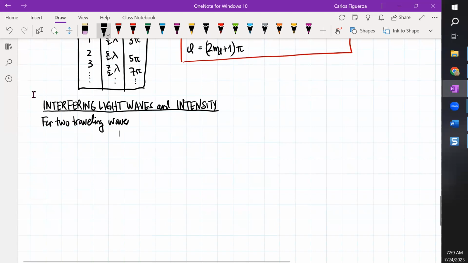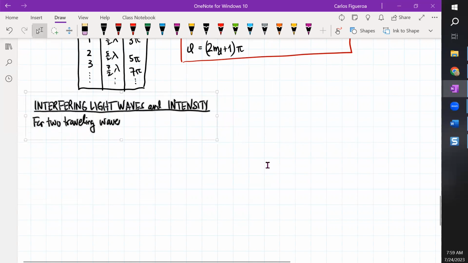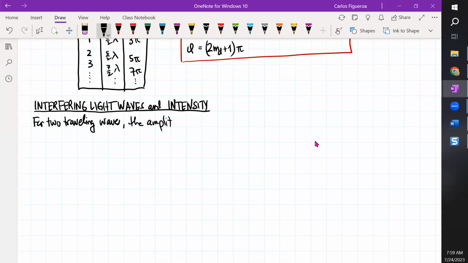For two traveling waves, we said that the amplitude is then going to be 2a cosine of 1/2 phi.